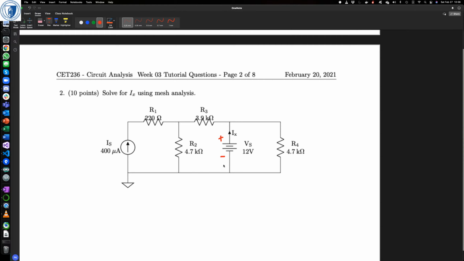Depending on which way you're drawing the current, if you're drawing I3 to go that way, then you're going into the negative side, right? So yes, it'll be a negative 12 volts from that perspective. All right, thank you. You're welcome. Let me just go check on the first group.